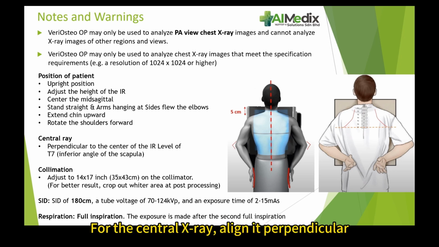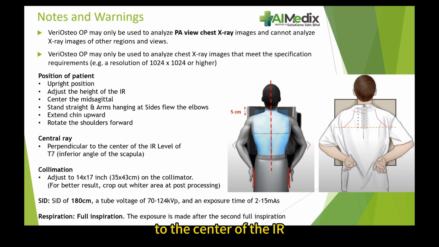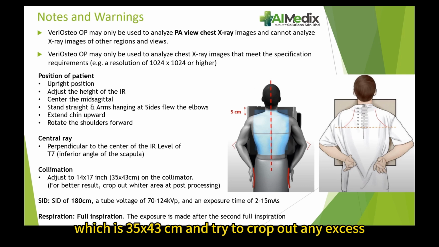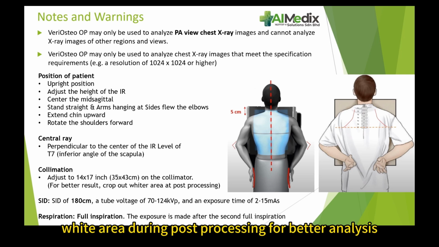For the central X-ray, align it perpendicular to the center of the IR, level with T7, which is the inferior angle of the scapula. In terms of collimation, use 14 by 17 inch, which is 35 by 43 cm, and try to crop out any excess white area during post-processing for better analysis.